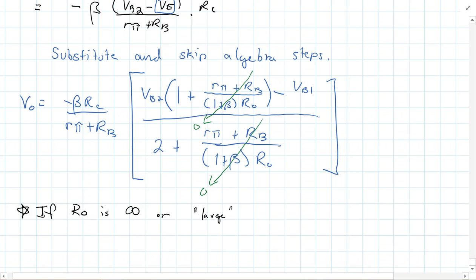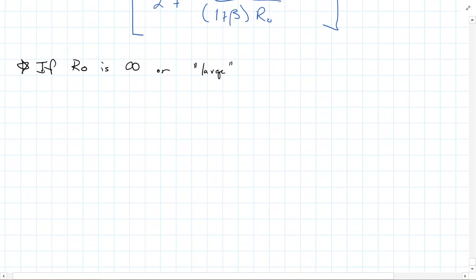So you'd be left with VB2 minus VB1 over 2. So it actually simplifies down quite a bit. I'm going to erase those lines just in case I need that equation again.